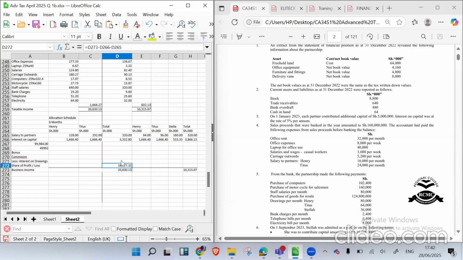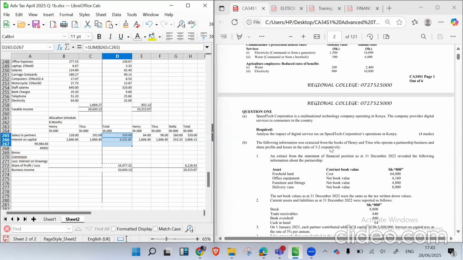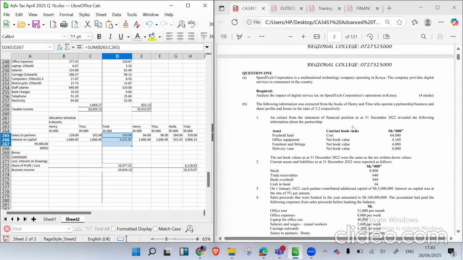Sawa. Okay. So unatoa hizo ziko hapo juu. Yes. So you ask yourself, what should I add to this to get this total? So that becomes the balancing figure, which is now the profit that is to be shared to the respective partners as per their profit and loss sharing ratios. 8 months, how are they sharing? 3:2.